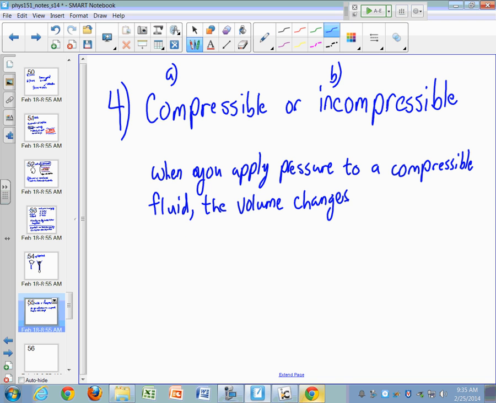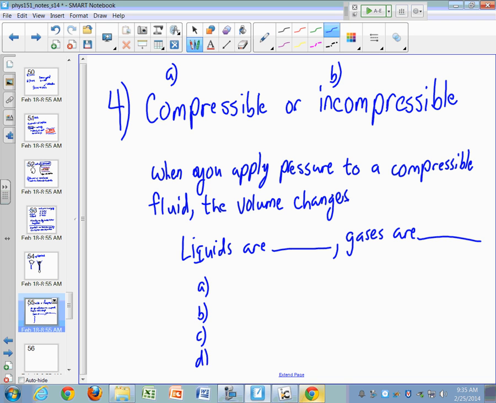Let's answer this question. Liquids are, gases are. I'm going to abbreviate compressible with a C, and incompressible with an I. You'll follow what I mean?